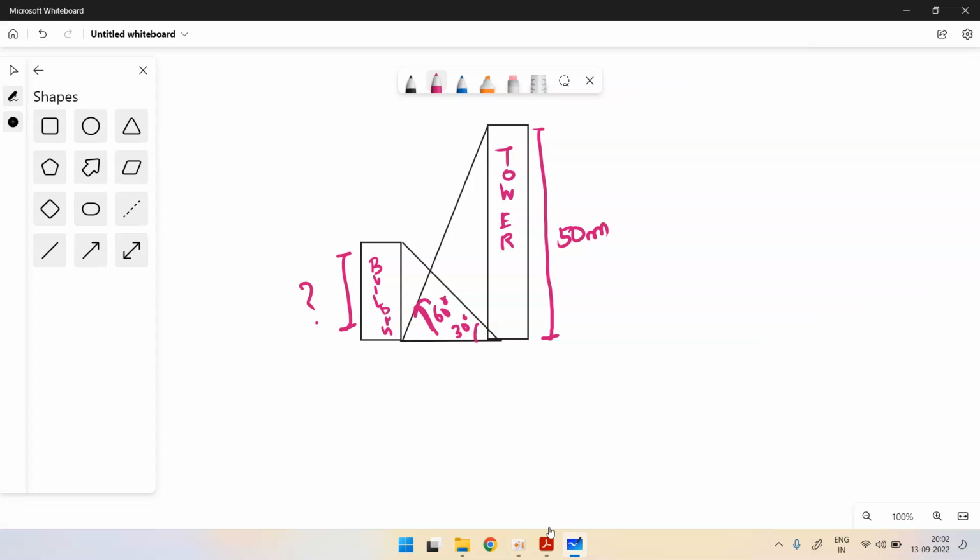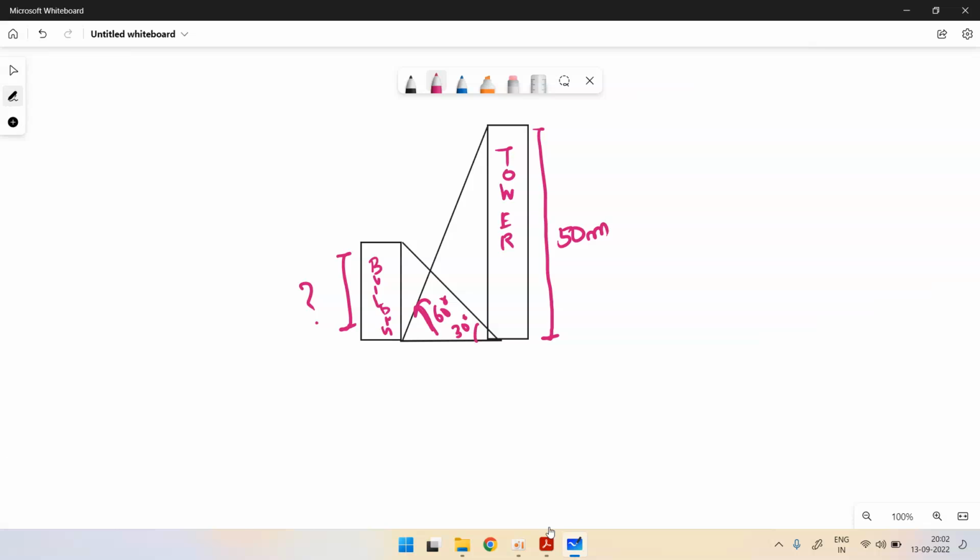Now I'm drawing a simple figure. This is 10. No, sorry, 9. This is my ninth question. So if I draw a simple triangle figure only, this will look like this.